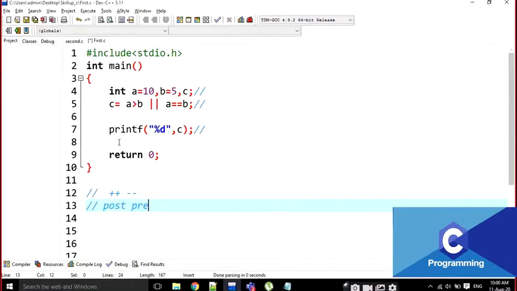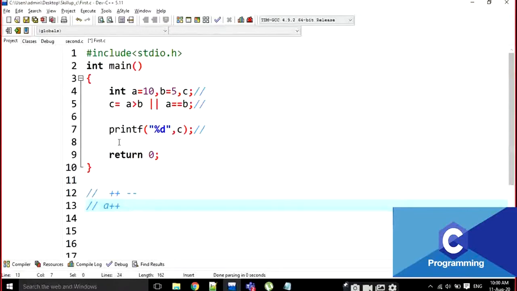How do they look, is it post or pre? For example, some variable is there. If the operator is after the variable name, they are called post increment or post decrement.